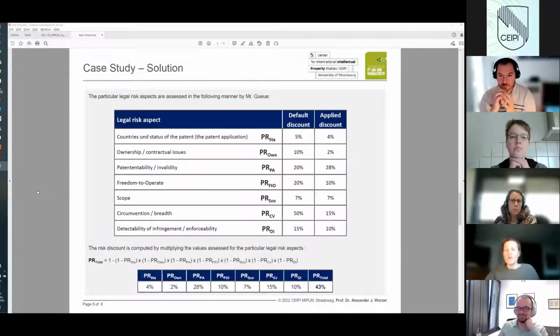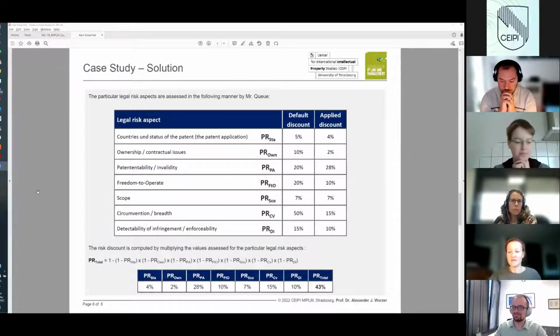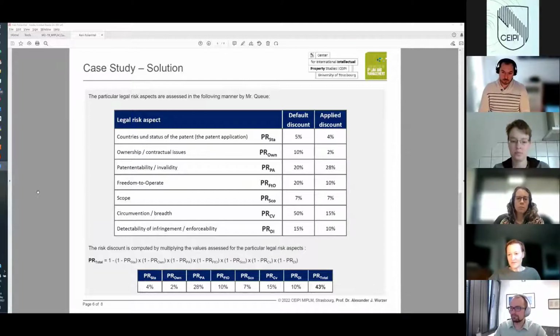So when we are going through a valuation of a patent portfolio, other influencing factors must also be assessed, like legal risk factors. What we do here is calculate the legal risks and discount them from the values.